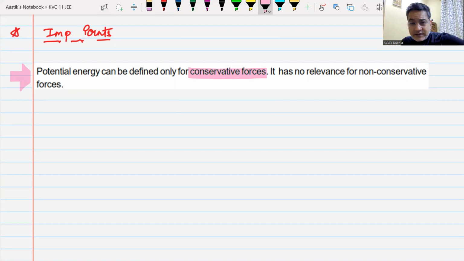Can anyone tell me what are the three potential energies that we are going to encounter? Some in this year, some in the next year. Can anyone tell me what are the three types of potential energies that we are going to encounter?